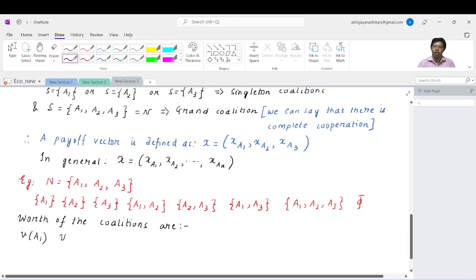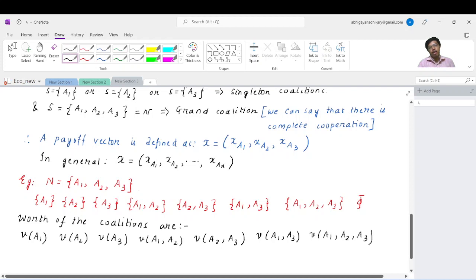V of A1 if player 1 works independently, V of A2, V of A3, V of A1 A2, V of A2 A3, V of A1 A3, V of A1 A2 A3, which is often denoted as V of n, and finally V of phi, which equals 0, obviously, by assumption or normalization. If you don't have any players in the coalition, then what can be its worth? It's nothing. So that's why we take V of phi equal to 0.